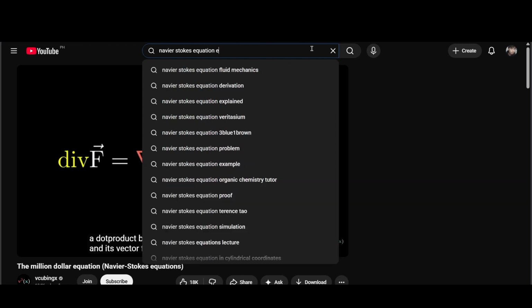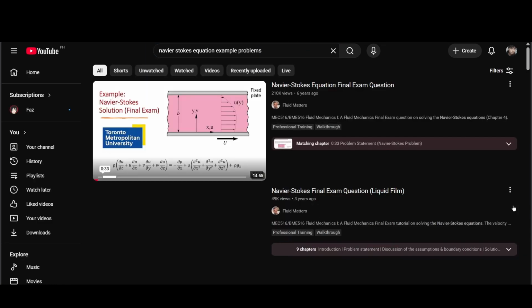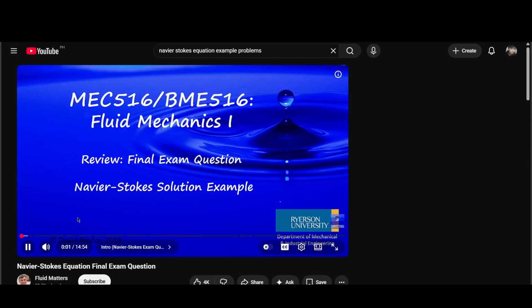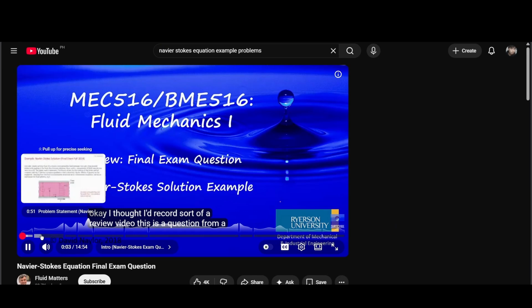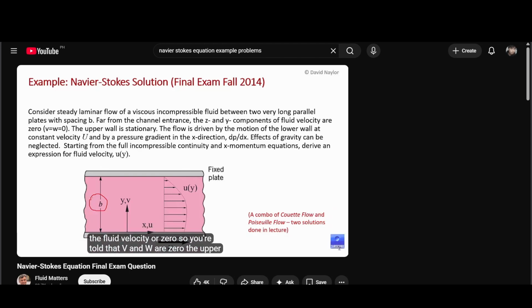Let's try to disregard this for now because this is really in-depth, sort of advanced equation. But I want to solve something related to Navier-Stokes equation. So let's just search for example problems and then we can go from there.